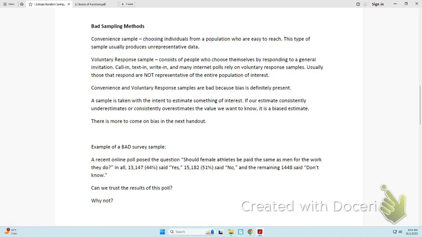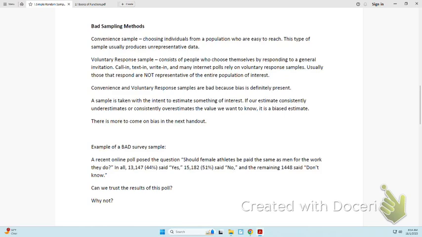Many times a voluntary response, those are people that are passionate about whatever it is you're doing. And people that don't really care about what you're doing, that opinion matters, and they're not going to respond. So if you can avoid voluntary response, you need to, but sometimes it's impossible to.